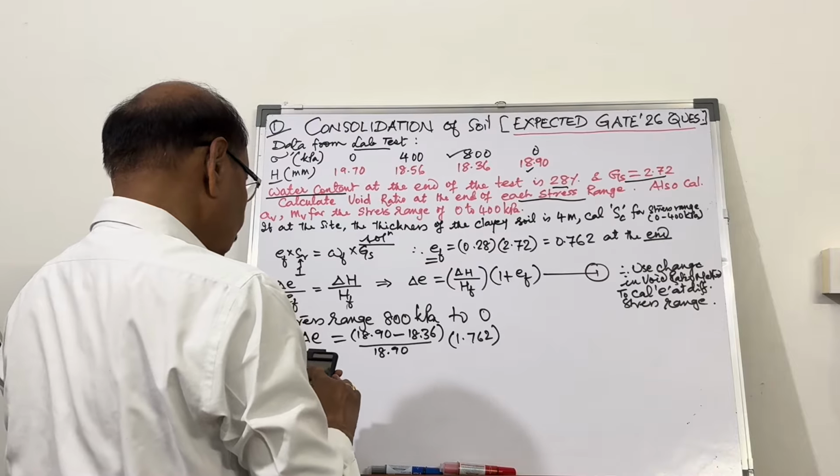So it gives you delta E equal to, because it is going to expand, swell, so it is going to be positive, and this becomes the change in void ratio, equal to 0.0503, to be very precise, we will take it 0.050.